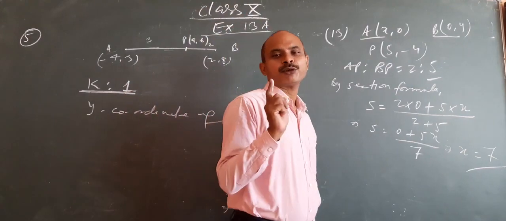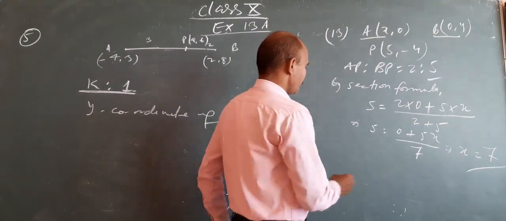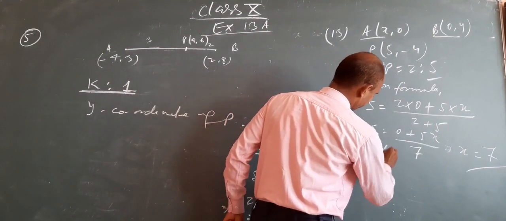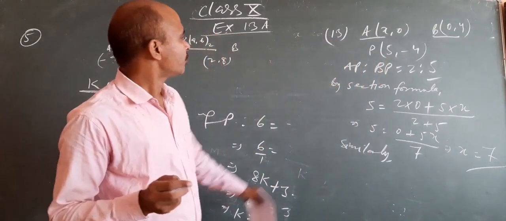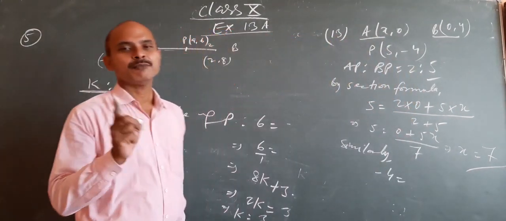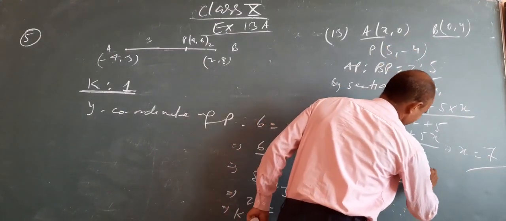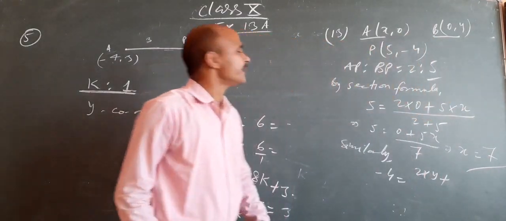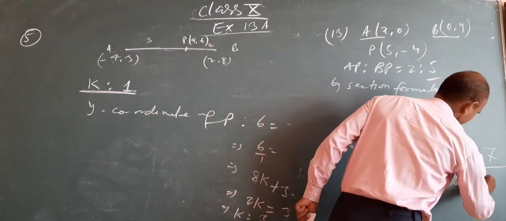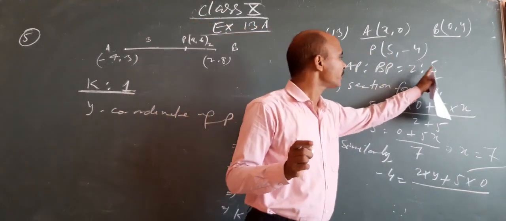Now, using the same section formula, we take y coordinate of P. Similarly, using section formula, y coordinate of P, minus 4, is equal to m1 y2 plus m2 y1 by m1 plus m2, 2 plus 5.